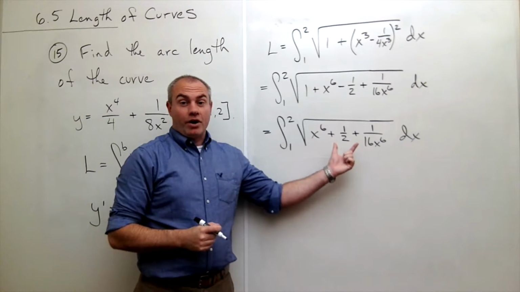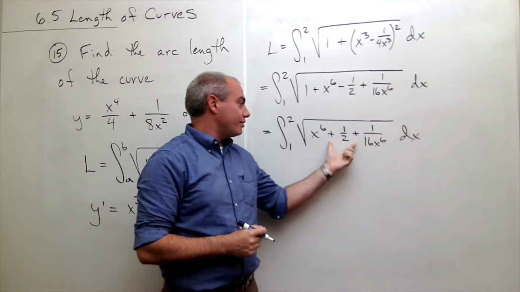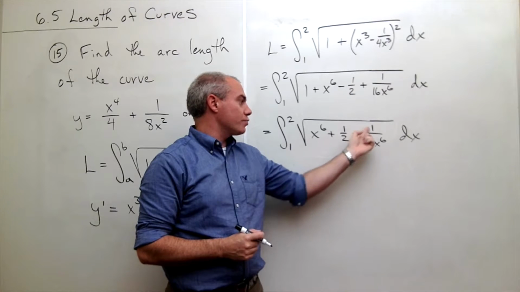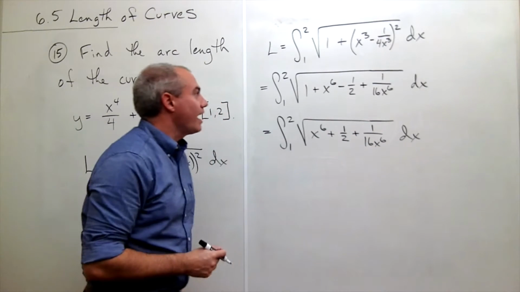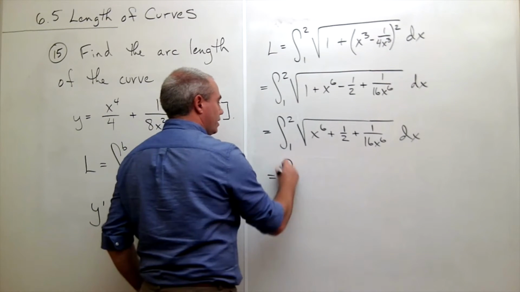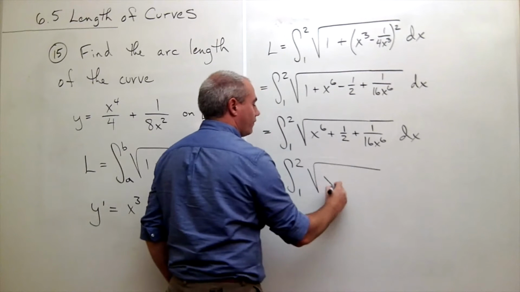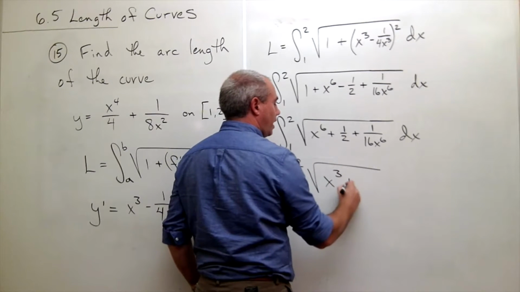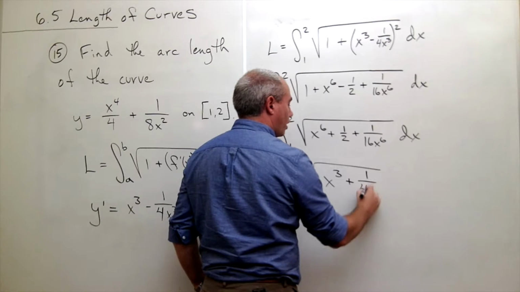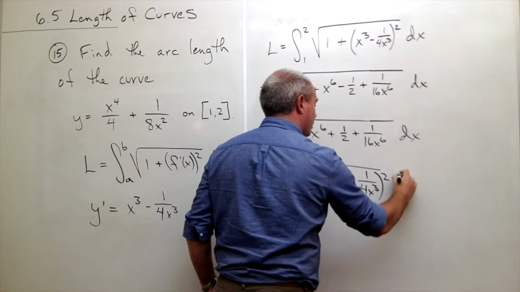Sometimes it can be a little bit hard to see, but this actually factors. So x to the 6th plus 1/2 plus 1 over 16x to the 6th actually factors. And what it factors to is the integral from 1 to 2 of the square root of x cubed plus 1 over 4x cubed quantity squared dx.